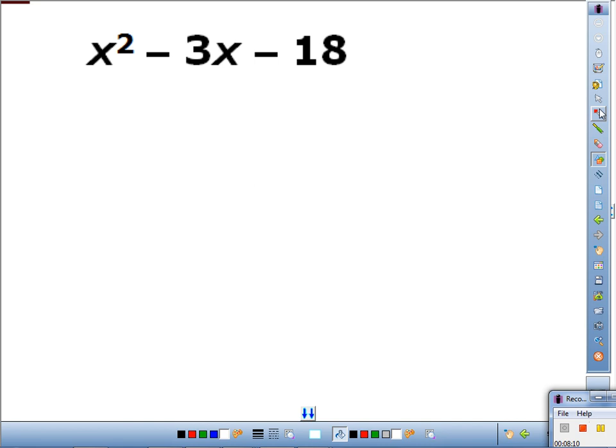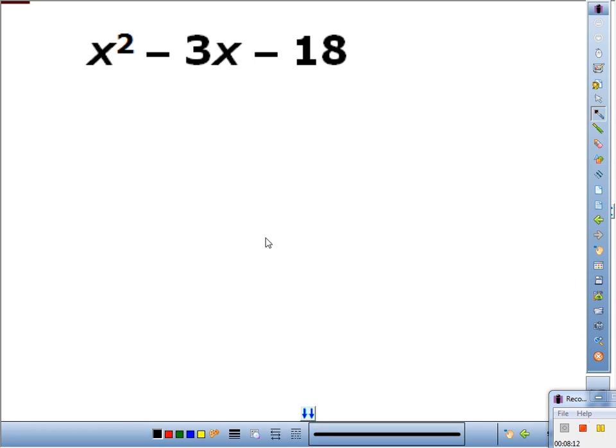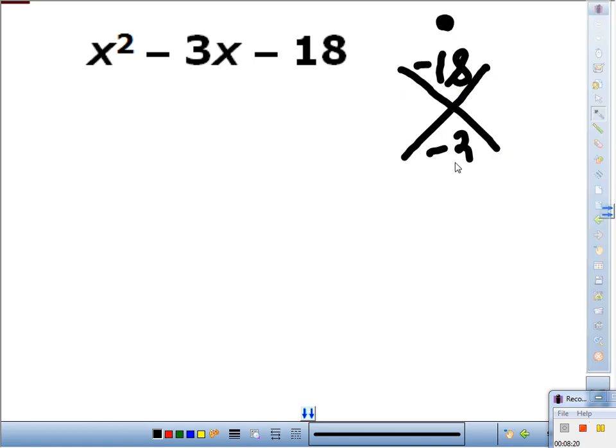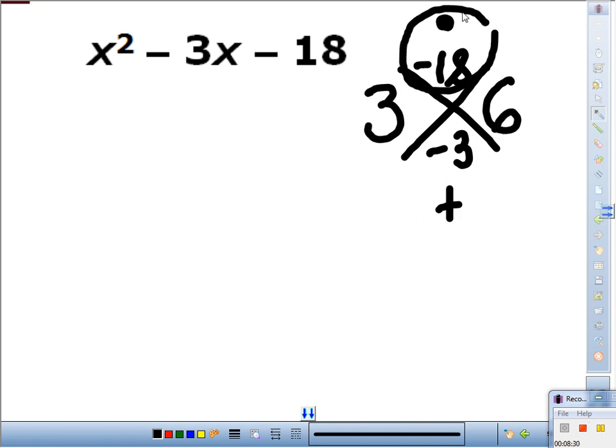All right, here it goes. Standard form, yes. GCF other than 1, no. Power Rangers, -18 is our product. -3 is our sum. Factors of 18 that if you add or subtract give us 3. That's 3 and 6. This tells us that one of them is negative. But this tells us the sign of the biggest number. So which one's the negative? 6.